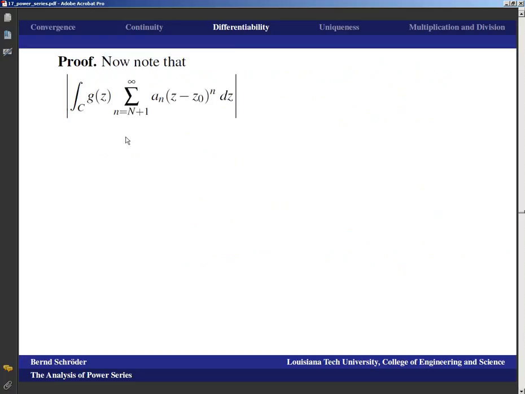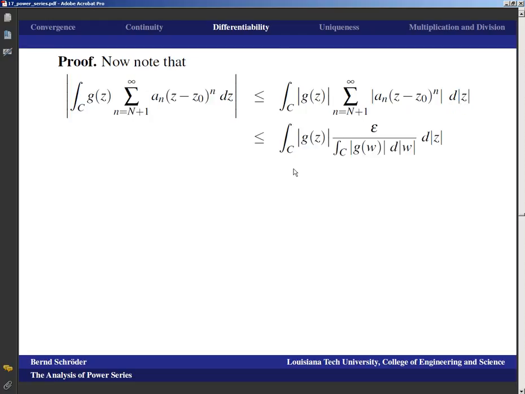And we know how that goes, because now we just have to show that this thing goes to 0. If we look at the absolute value of this integral, that's smaller or equal than the integral of the absolute value of g of z times the sum n = N+1 to infinity of |a_n| |z - z0|^n integrated against the arc length. And we had chosen the capital N so that this term here is smaller than epsilon divided by the integral over c of |g(w)| |dw|, so against the arc length.